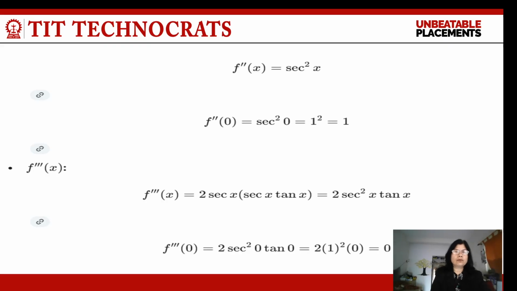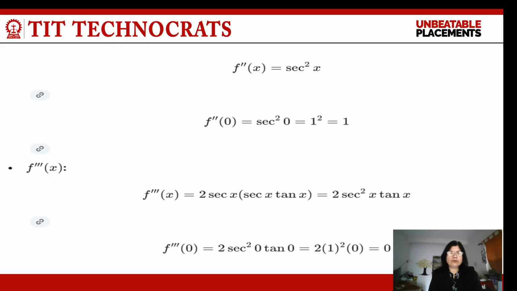Now the triple differentiation, or successive differentiation of the given function, that is f triple dash x is equal to 2 sec x into sec x tan x, which is equal to 2 sec square x tan x.